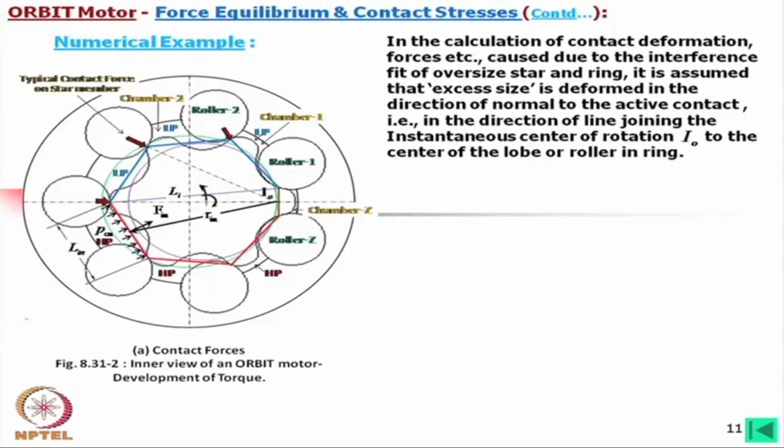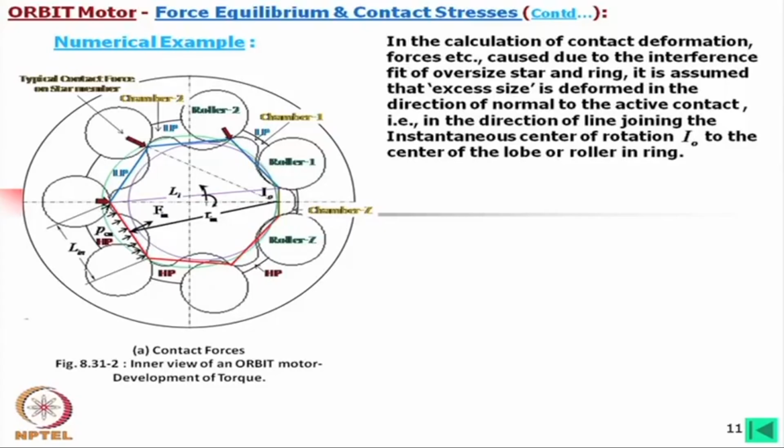Now, here I would like to mention, if you consider a simple cylinder and a hole, cylindrical bodies perfectly round and in interference fit, you may consider the contraction of the cylinder is uniform over the periphery, and the expansion of the cylinder is also deformed uniformly over the periphery.